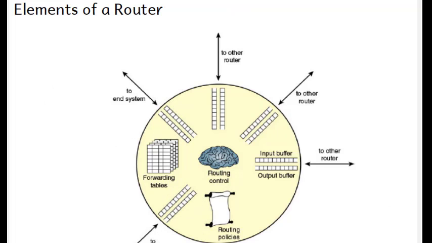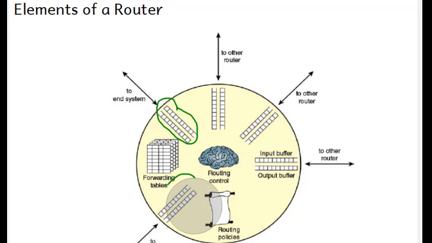Now these are some of the elements of a router. Each router has interfaces. You can see this is one interface, there's another interface, and another. There are various interfaces, and at each interface we have buffers. The buffers may store packets which are coming in and going out. Every router will have a buffer at each interface.